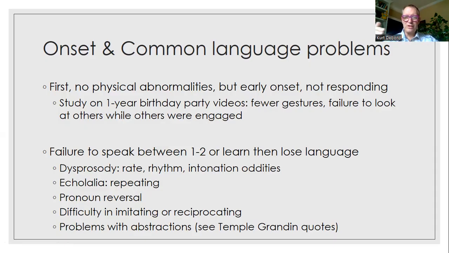My rate hopefully changes here and there. I emphasize things by saying them a little louder or maybe even softer, slowly, rarely. And you see these things being odd, unusual, the rhythm, rate, and intonation changing more randomly than with the meaning of what the child's trying to express. Also, echolalia is just repeating the same word over and over, or maybe even repeating the word that you just said.